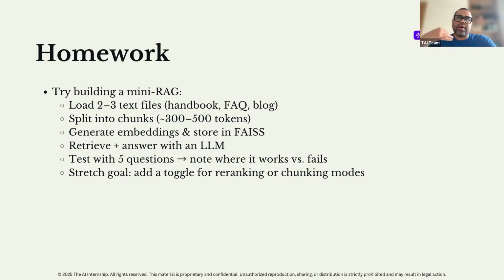See if you can get some answers from them, make sure that you can measure the accuracy of these extractions, and also experiment with different types of chunking algorithms. It'll be fun to see what works and what is a good algorithm for you. I think this is it for this week.